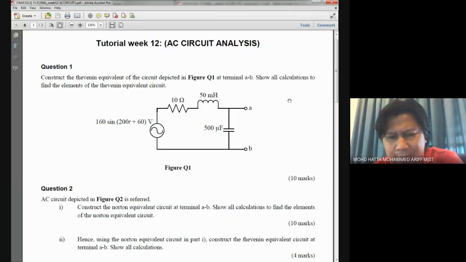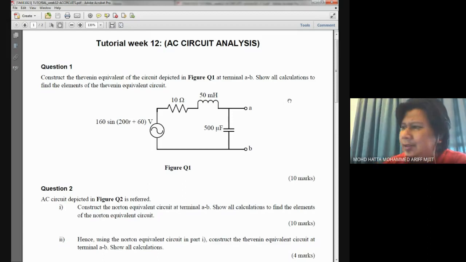If I'm not mistaken, it was from previous tests, maybe test or final, I didn't remember. But this is a typical question, not the exact question, but what you might expect in your assessment.